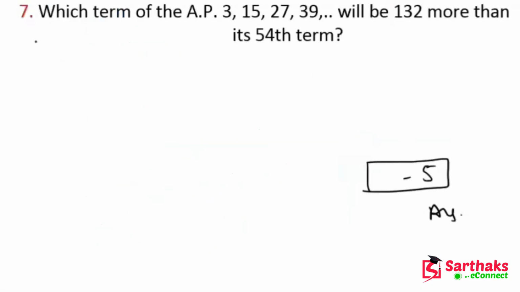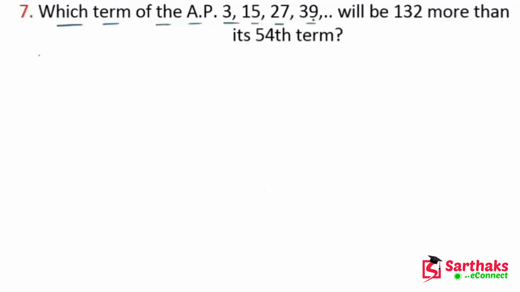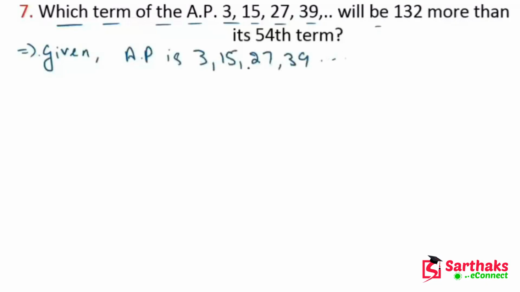So now let's move on. Which term of the AP 3, 15, 27 and 39 will be 132 more than its 54th term? This is a very good question. First of all, we have to write the given part. The given AP is 3, 15, 27, 39 and so on. We know a1 is 3, and d is 15 minus 3, which is 12.